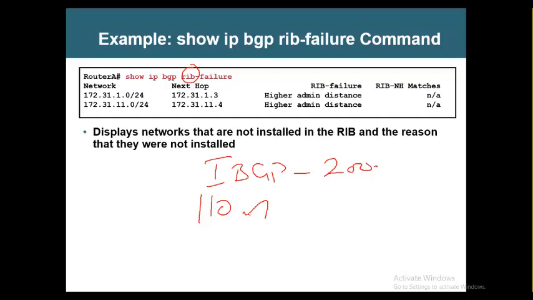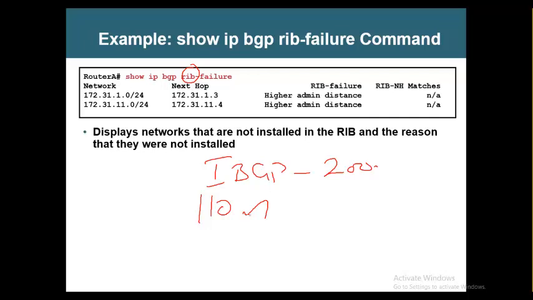So there is no problem with BGP here. RIB failure is not a failure of BGP. RIB failure is the routing information base failing to use BGP because according to RIB there is something better than what BGP is giving. So you don't need to do any troubleshooting for this.